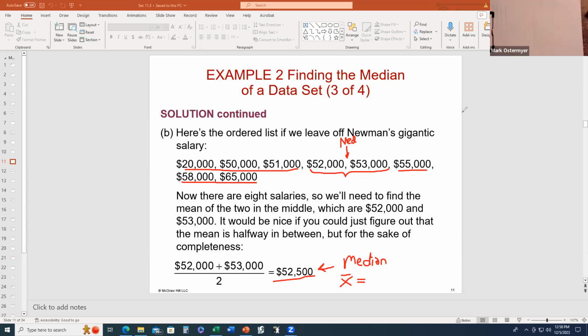Let me know what the mean would be. All right, everybody get the average, the mean?